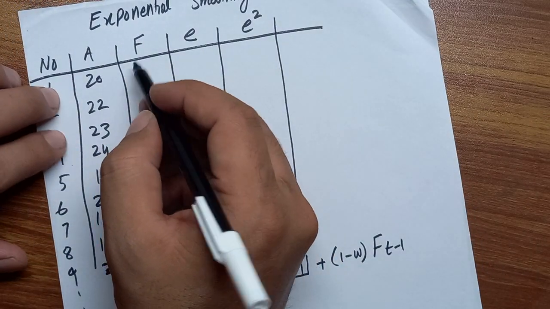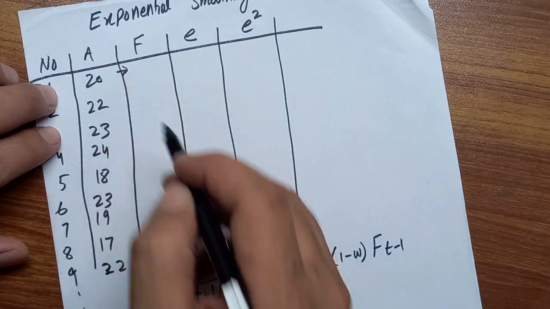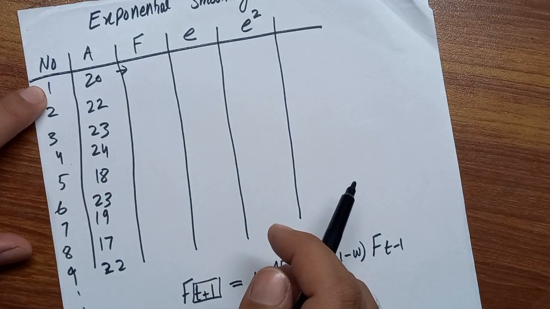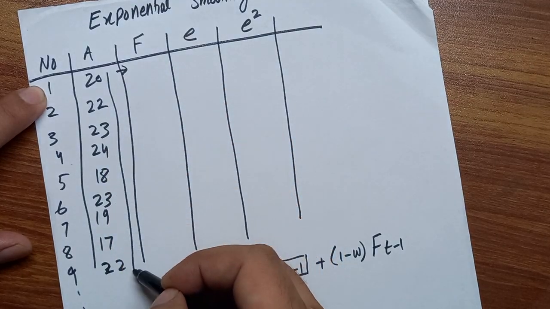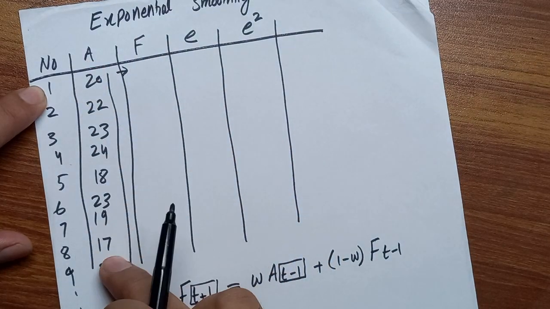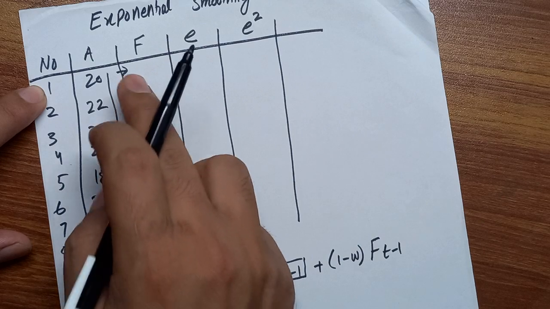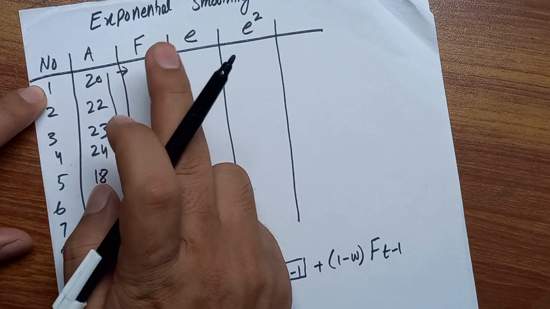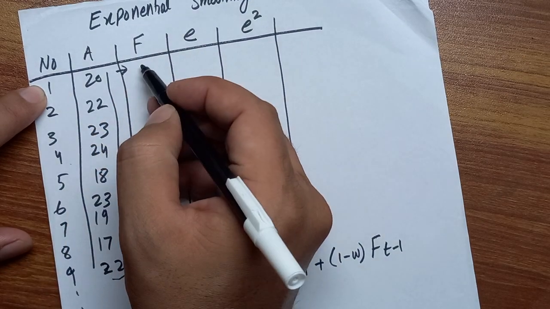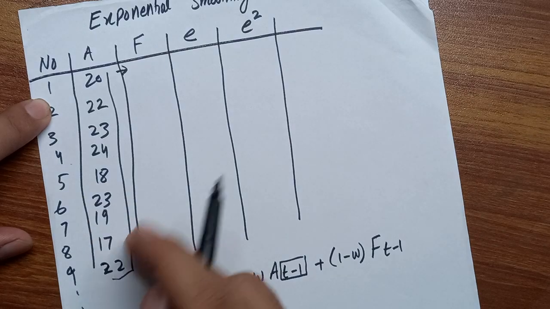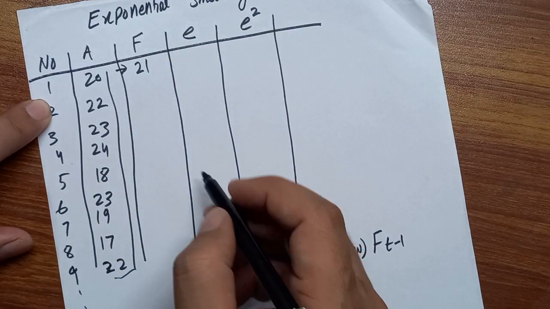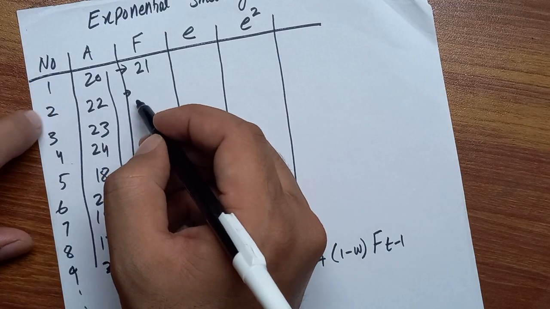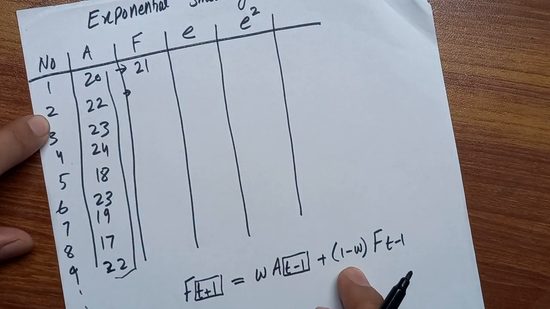So let's say we are finding the forecasting for year 1. We will take the average of all these actual data, and we will get the forecasting of the first year. Let's say the average of all these data is equal to 21. Now for the second year we will use this formula.